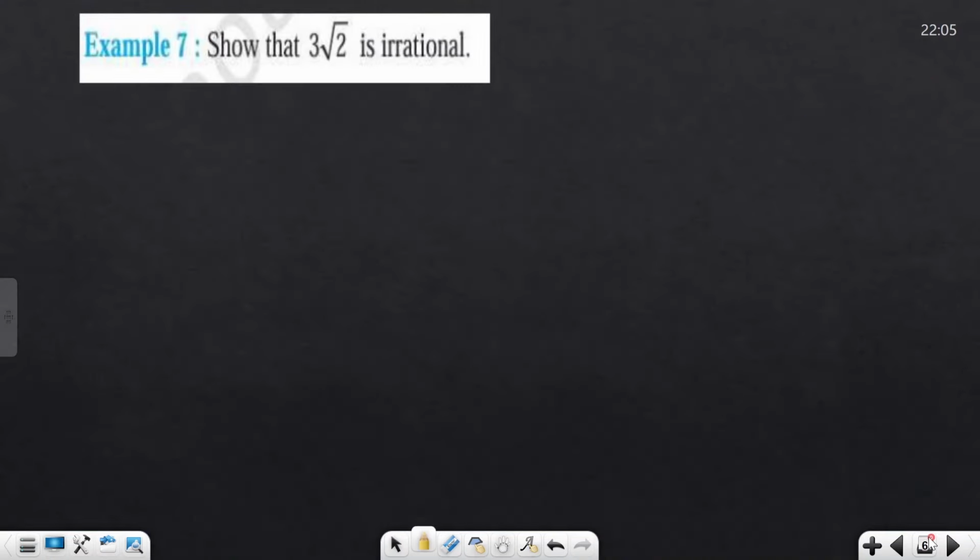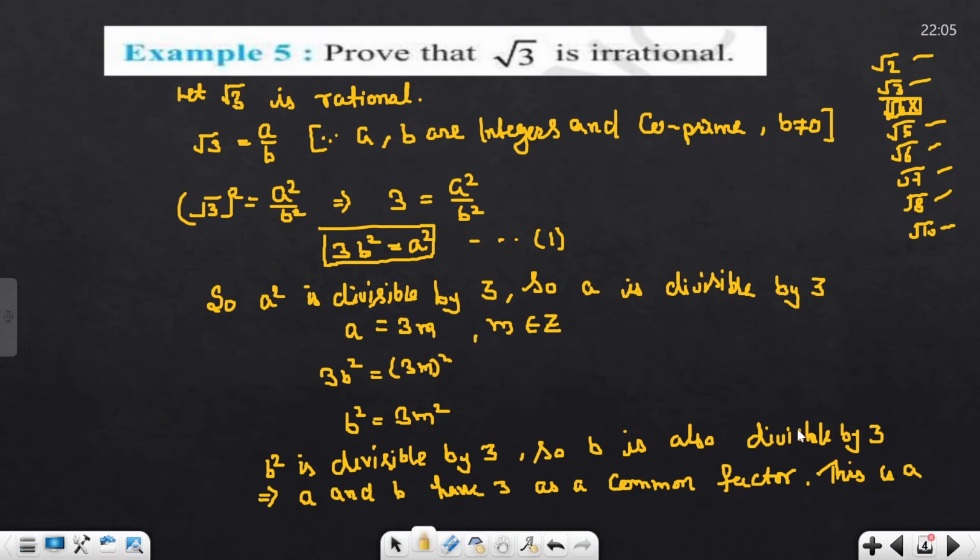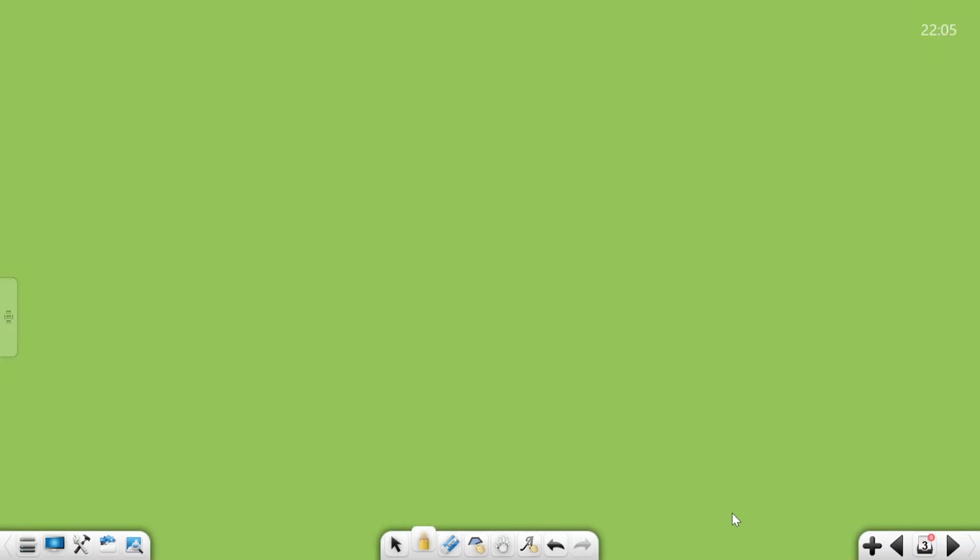Now here, follow this method, the first question's method. The first question's method is always followed for a single value like root 2. Root 3, root 5, root 6, root 7, this type of value.